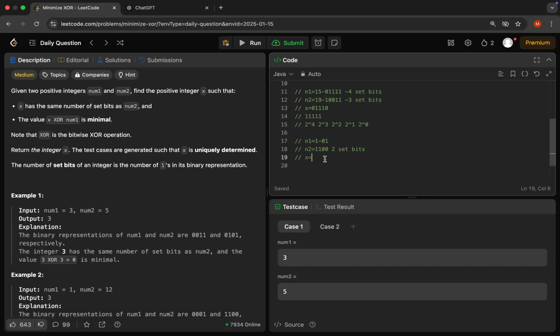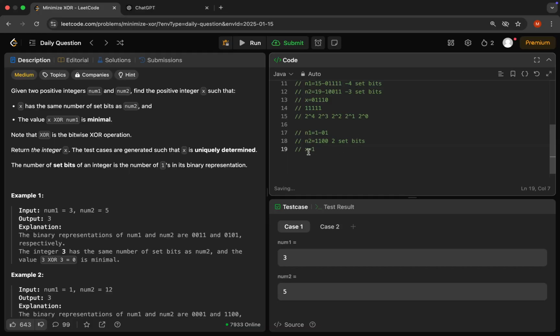It is the same as if I join 0 before 10, it stays the same, but if I join 0 after 10, this becomes 100 and this is not the same as 10. So we cannot do this operation, we can do that operation. Okay, so the x value is, as we can see here, the 0th bit, so we don't need to use this set bit. And here we can see that it is one set bit, so there is a need of one set bit.